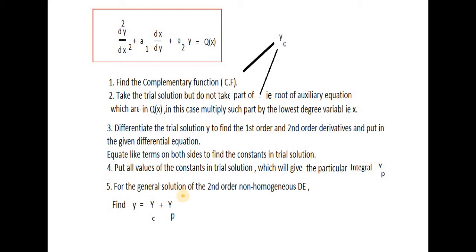For the general solution of the second order non-homogeneous linear differential equation, find y is equal to yc plus yp. So this slide is the guideline about the solution of the non-homogeneous linear differential equation of order 2 by the method of undetermined coefficients.